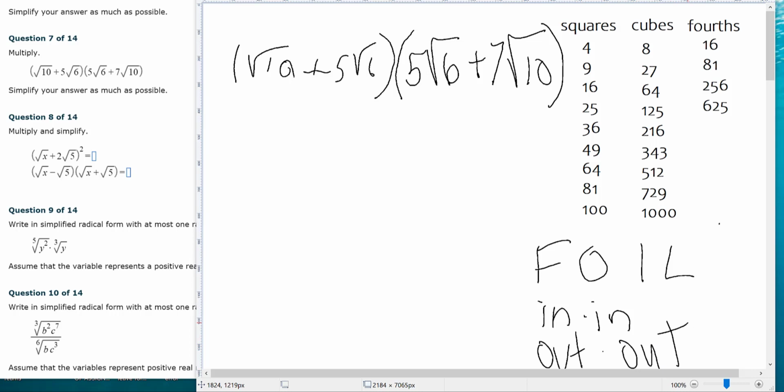So I've got to multiply this square root of 10 times this 5 square root of 6. Well, there's an understood 1 out here, so that's going to be 5 square root of 60.